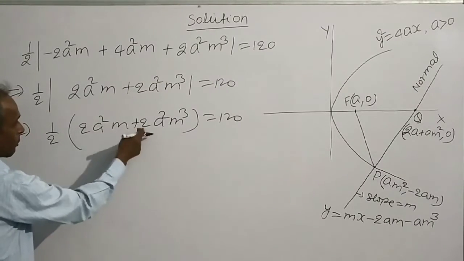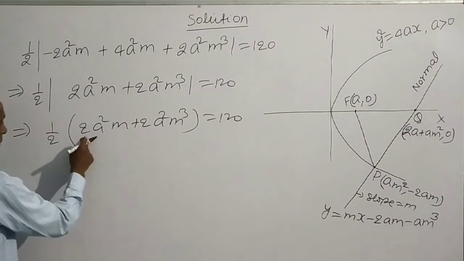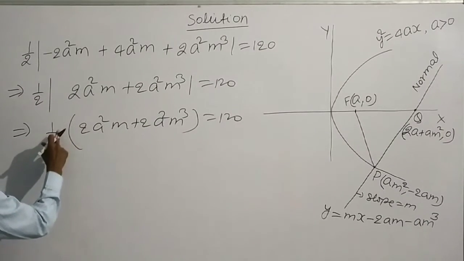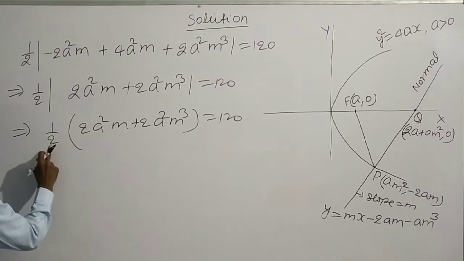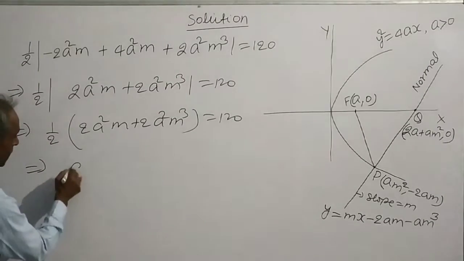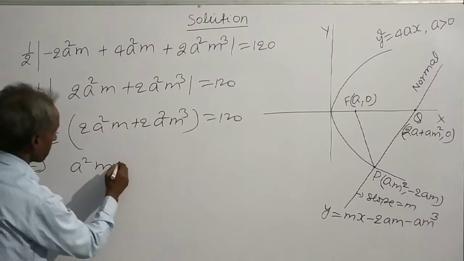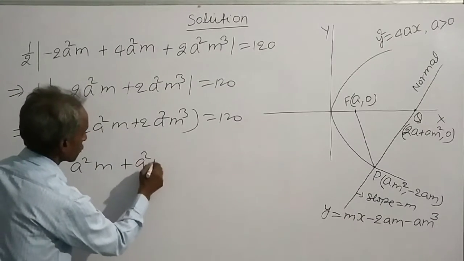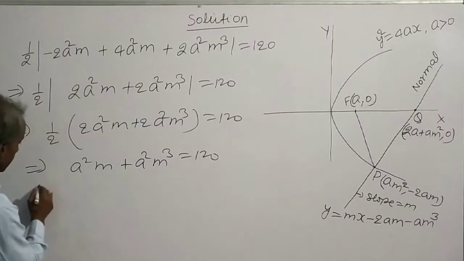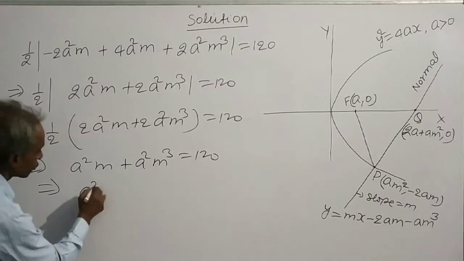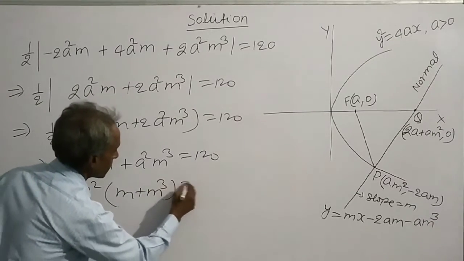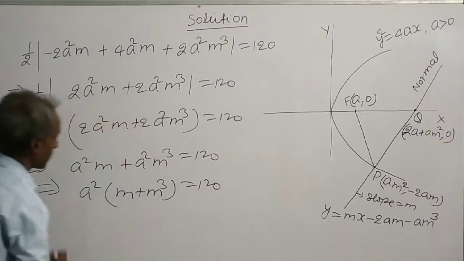Take 2 common from these two terms, and that common 2 will cancel out with this 2. Then we get a square m plus a square m cube is equal to 120. This implies a square times (m plus m cube) is equal to 120.